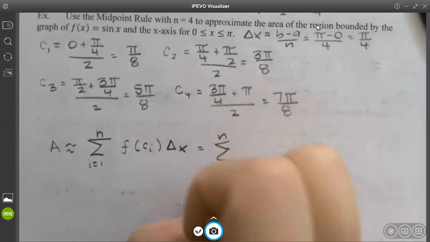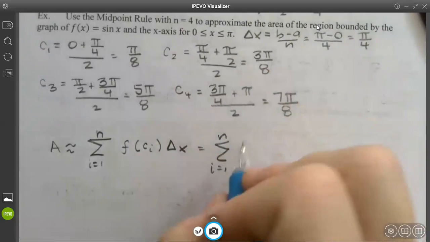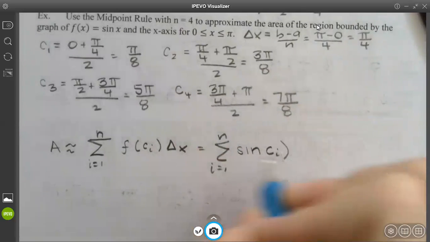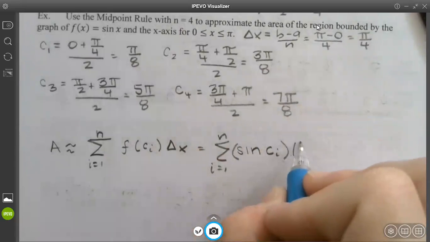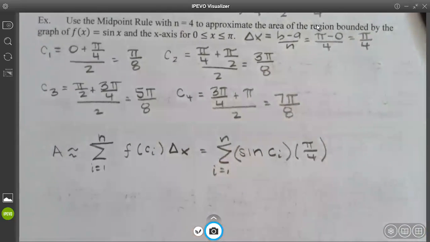I'm doing this all at one time, and these are steps that you can skip. So this step and this next step: sine of c_i, and your delta x was pi over 4. So remember, we plug our c_i into our function, right? We had y squared on the last one. We plugged in c_i for that y.